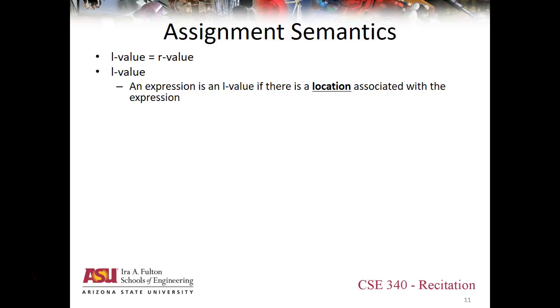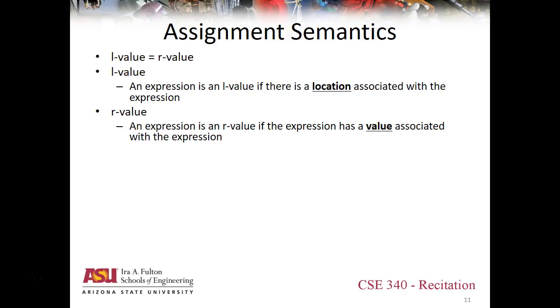So as we said, the L value is an expression that must have a location associated with it to be an L value. So you can have an L value on either side of the equals. You think you could only have an L value on the left-hand side, but it can actually appear on either side.